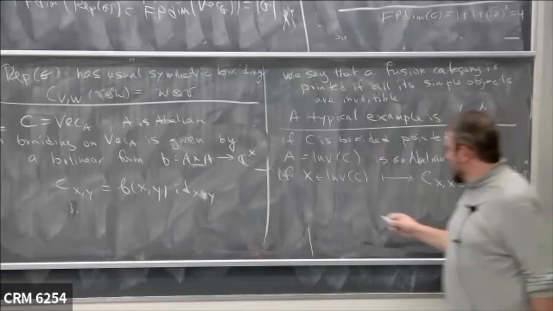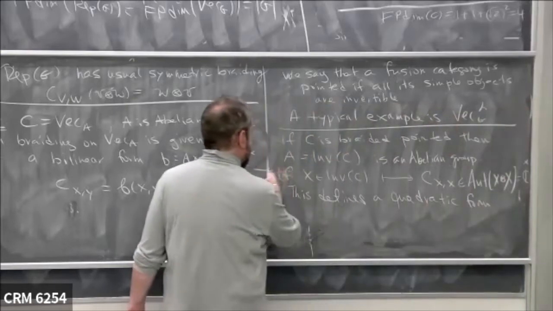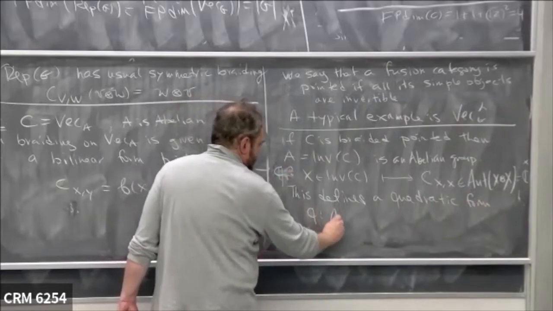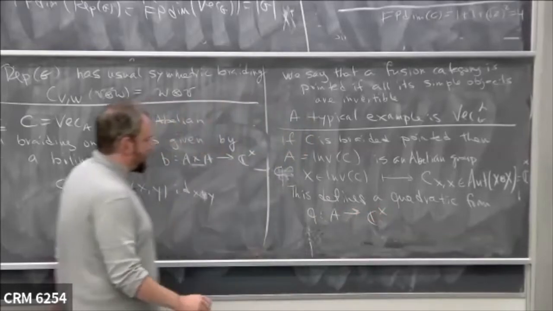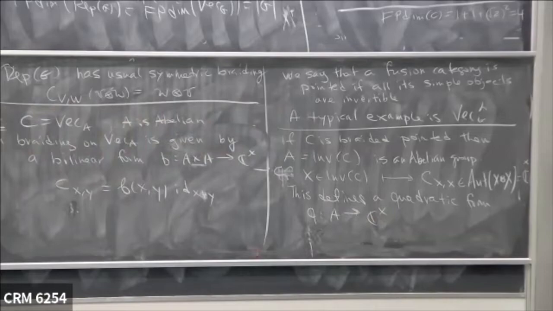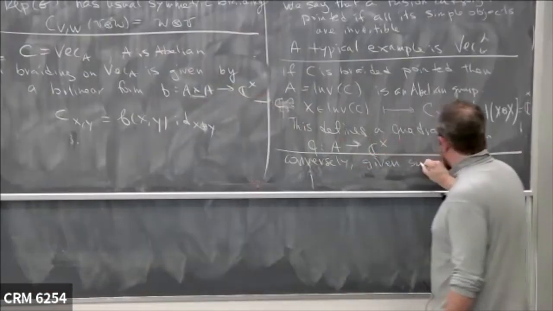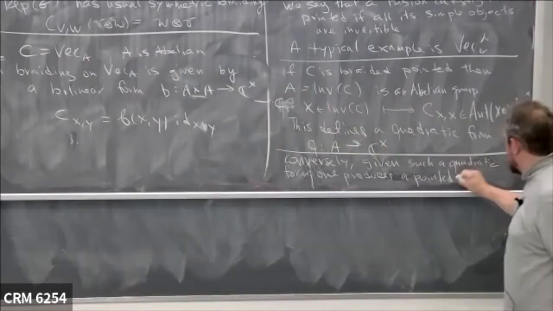So this assignment defines a quadratic form. I'll give it a name, like Q. A quadratic form on the group with values in the multiplicative group of the field. Conversely, given such a quadratic form, one produces a pointed braided category.